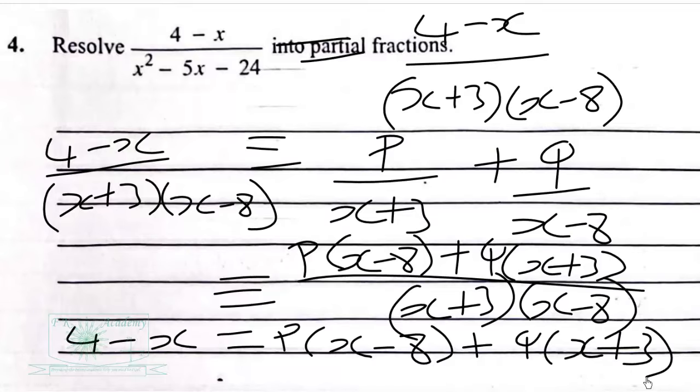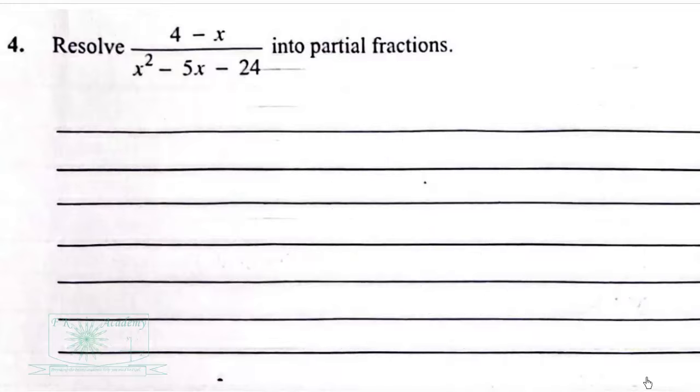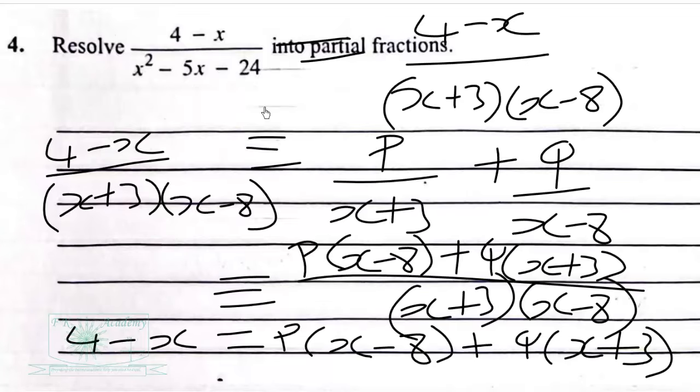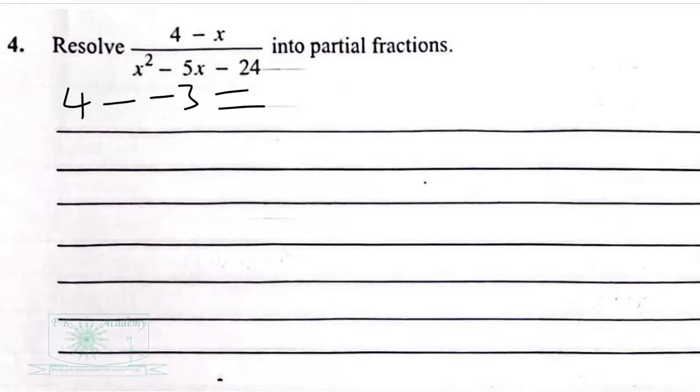Let's use the cover-up rule. When x equals negative 3, we'll get 0 where the q is, but we'll get 4 minus negative 3 is equal to negative 11p. So we have 7 is equal to negative 11p.